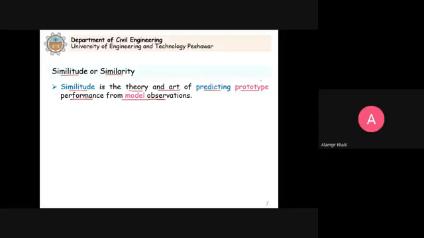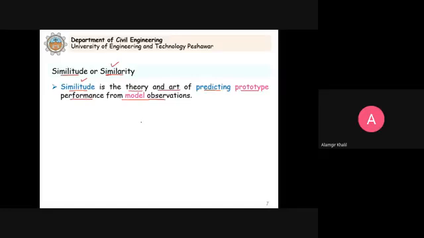The prototype is the full-scale device, apparatus, or you can say the actual structure. So this is known as similitude. Now this similitude means that we are predicting the performance of the prototype by conducting model studies. So there must be similarity between the two. This we are going to study in detail. Only then we can transfer the results.